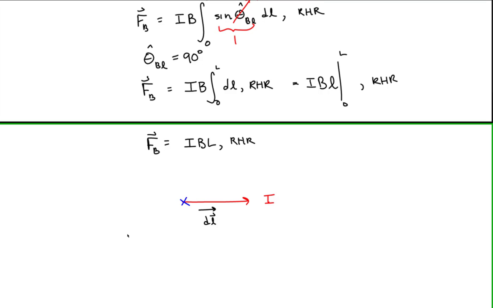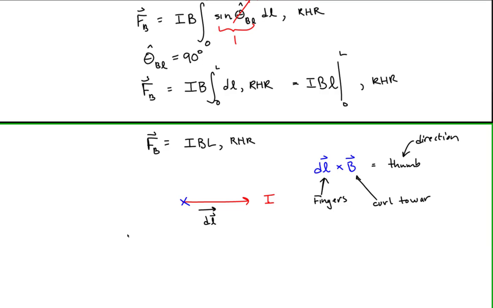Now, to use the right-hand rule, we're going to have to apply it to the cross product between the displacement differential and the magnetic field. So remember, we're going to place the fingers of our right hand in the direction of the displacement differential. We're going to curl our fingers toward the magnetic field, and when we stick our thumb out, the thumb will be the direction of the magnetic force.